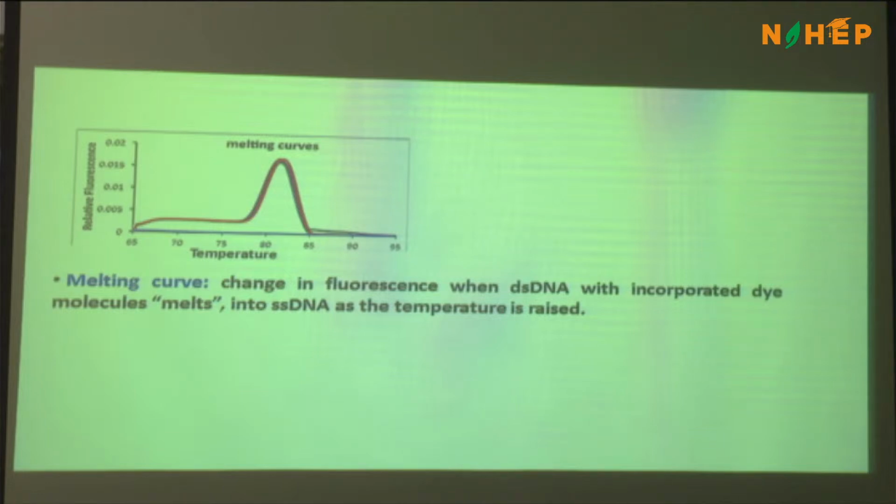If there is only one target amplifying without any background amplification, you get something like this, a single peak, right? If there is another target which is also amplifying in the background, you start seeing another peak. So you normally see multiple peaks. Remember, if you see multiple peaks in melt curve analysis, in all probability your primer is not very specific, okay?